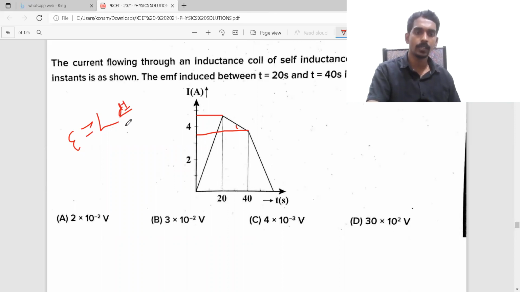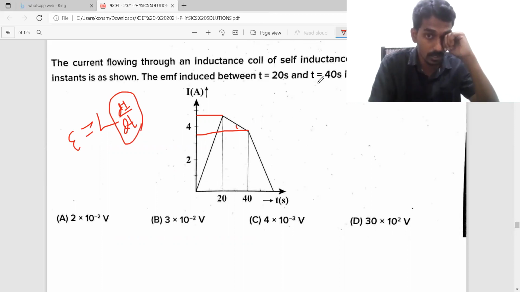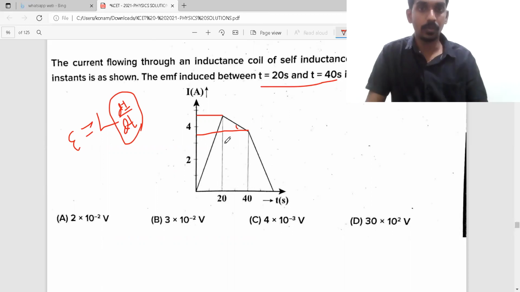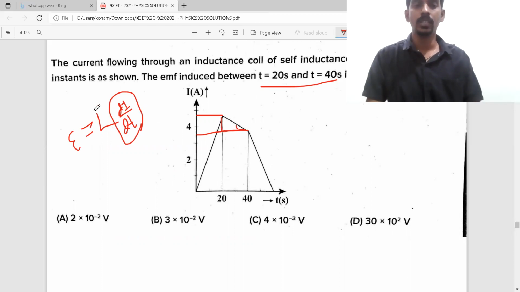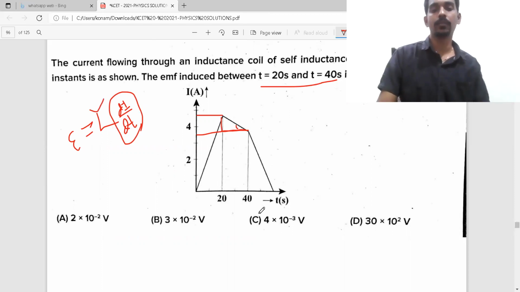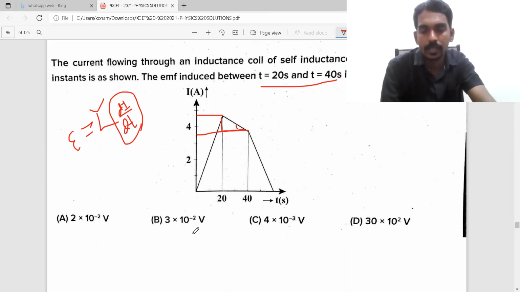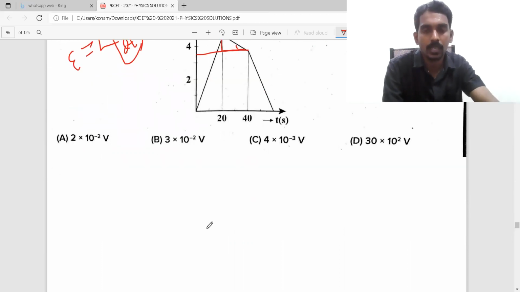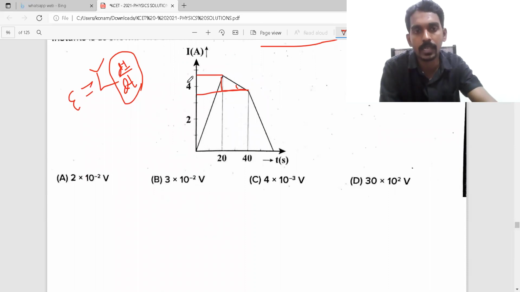Here di by dt is nothing but the slope for a particular duration, 20 to 40. If you know those values properly, you can take the slope, rise by run, then di by dt, then the L value is given, and you will get the induced EMF. But let's see how they have taken it. I have a doubt about that graph, because it is not given properly, the values are not exactly coinciding.